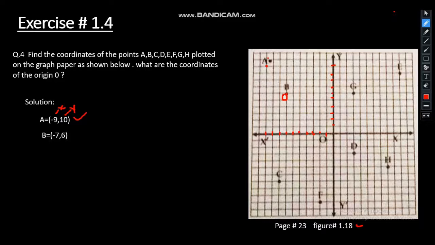Now next, C. Minus 8, which is in the negative direction. C is here, so counting 1, 2, 3, 4, 5, 6, 7, 8 here, negative, and 7 is also negative. 7 is here, so we can write minus 7. It's a typing mistake, sorry. We can write here minus 8, minus 7.